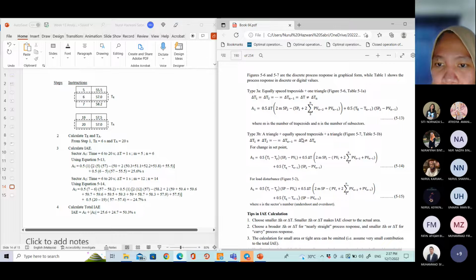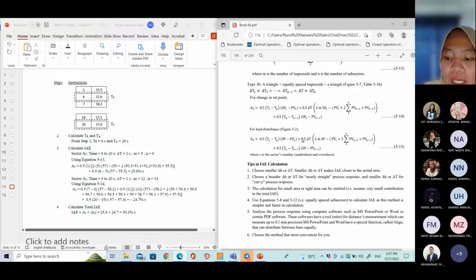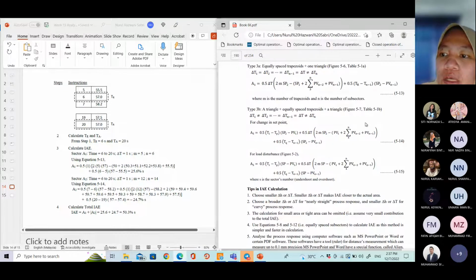So for this one, okay, we can directly use equation 5.14, because we do a performance analysis of a change in set point. Okay, so to calculate this area, there are many other terms, T1 minus TP.